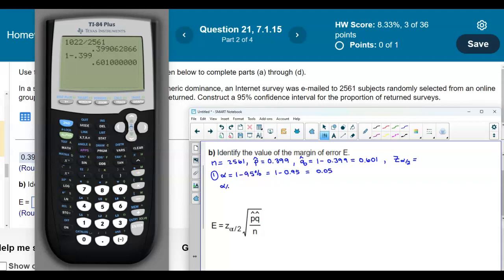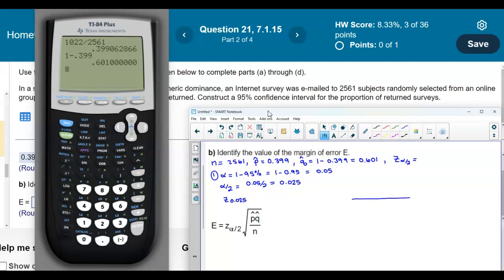Then we're going to take alpha and divide that by 2. So 0.05 divided by 2 is going to give us 0.025. Now remember that this represents the critical value where the area to the right is 0.025.